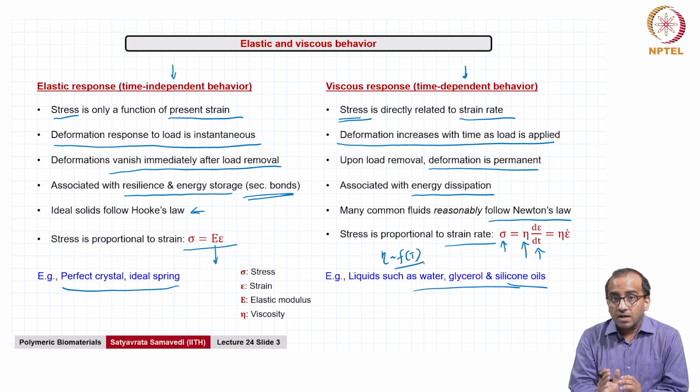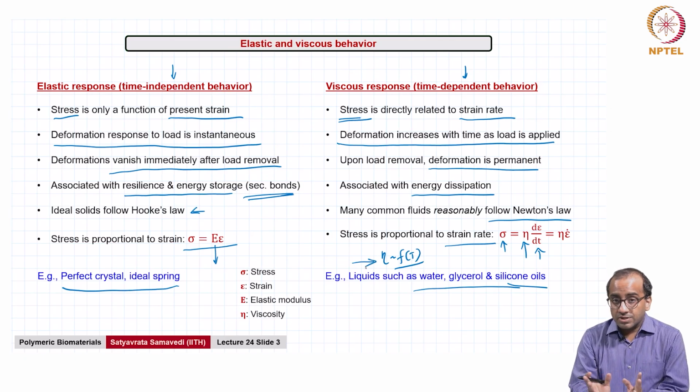In contrast, for non-Newtonian fluids, which we will not look at in this lecture, that will not be true. Viscosity could be dependent on other factors such as how fast you deform, leading to other concepts such as shear thinning fluids, shear thickening fluids, and so on. But here we simply note that Newton's law is what we are looking at. Fluids that obey Newton's law are called Newtonian fluids, where viscosity is simply a function of temperature.